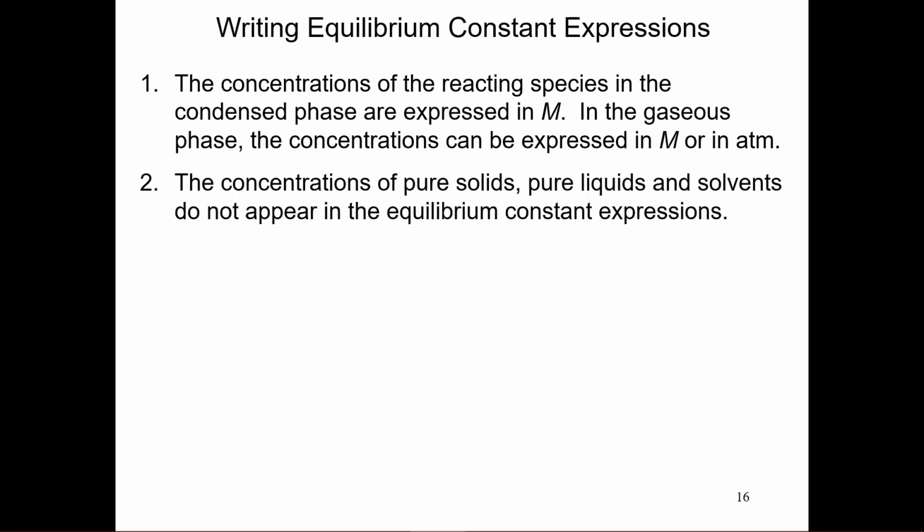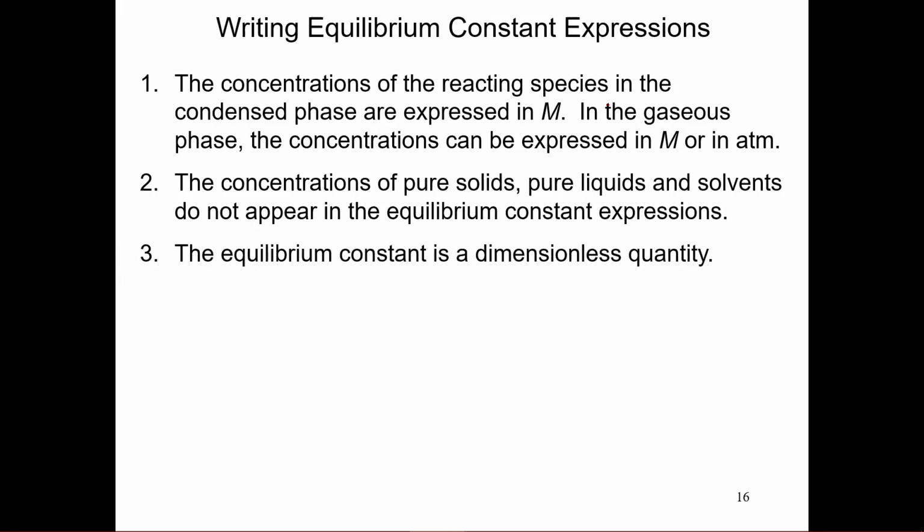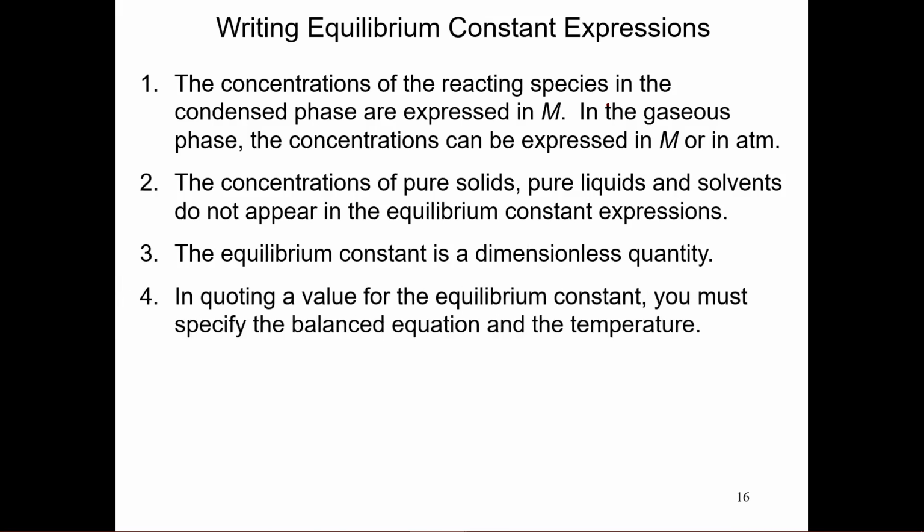The concentrations of pure solids, pure liquids, and solvents do not appear. The equilibrium constant is a dimensionless quantity. In quoting the value for an equilibrium constant, you must specify the balanced equation and the temperature. So always write this first, and then that.